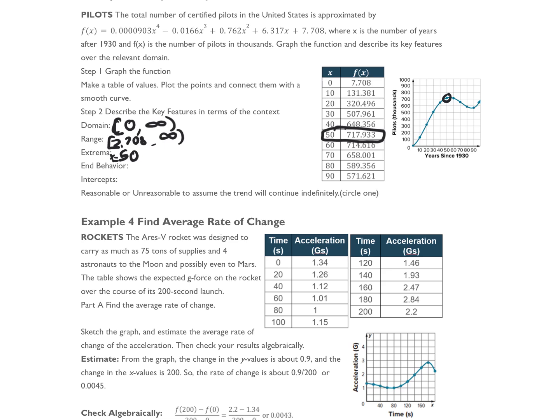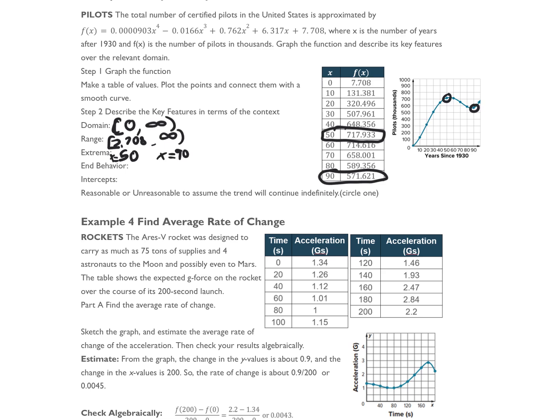And then we also have a low point. You'll notice that 90 years after 1930, so in 2020, there was a relative low point. So x equals 90 would be the other extrema. And you can see that on the graph as well.